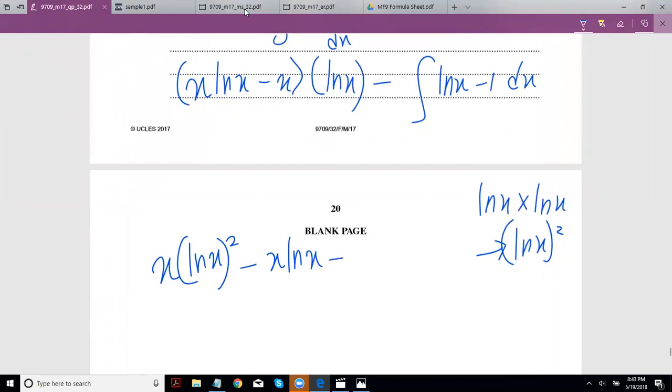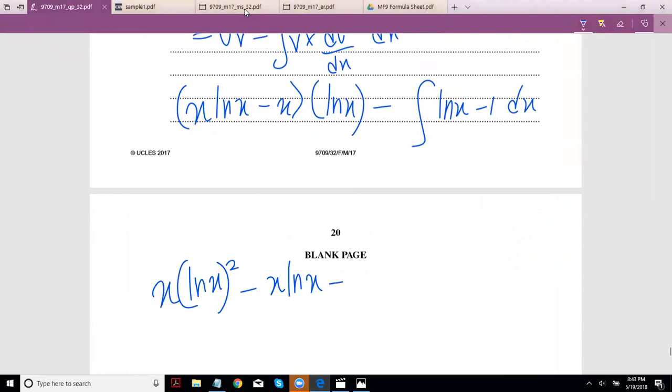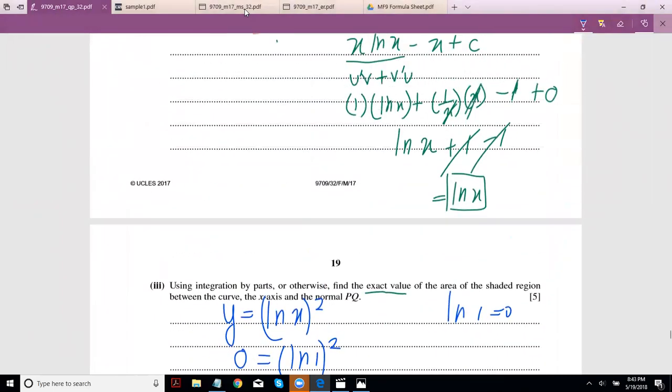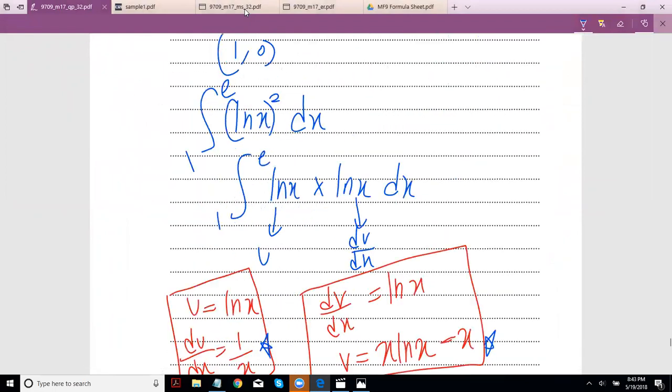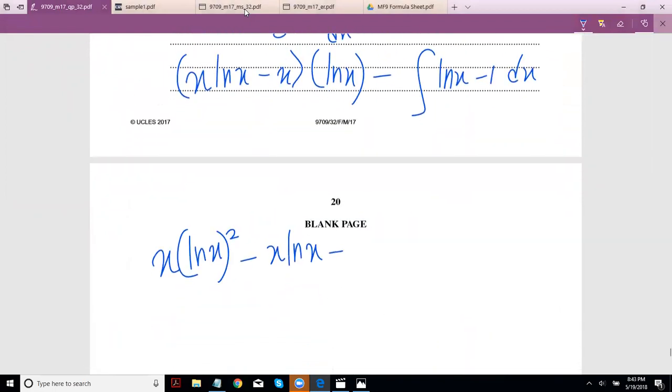You have to integrate ln x and 1, and we can integrate ln x. We already know the integral of ln x from our previous part, which was x ln x minus x. So x ln x minus x, and the integral of minus 1 is just minus x.